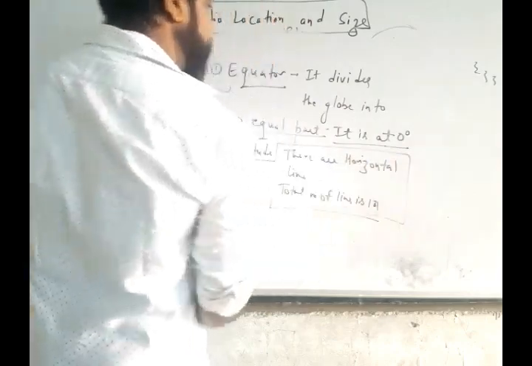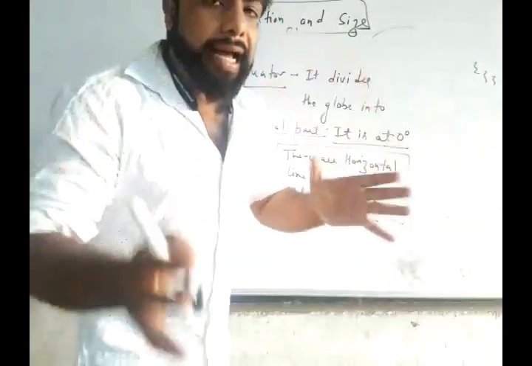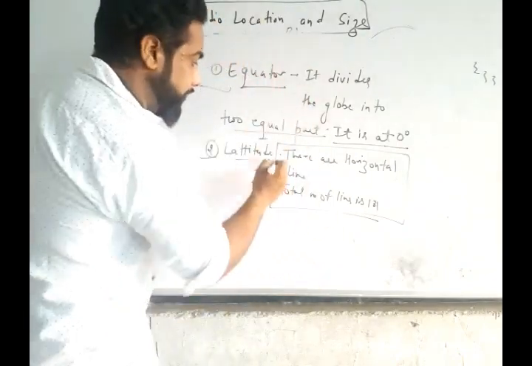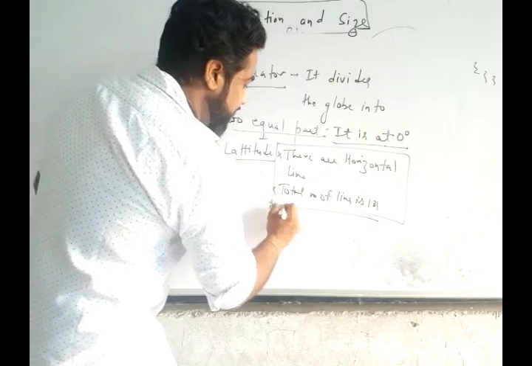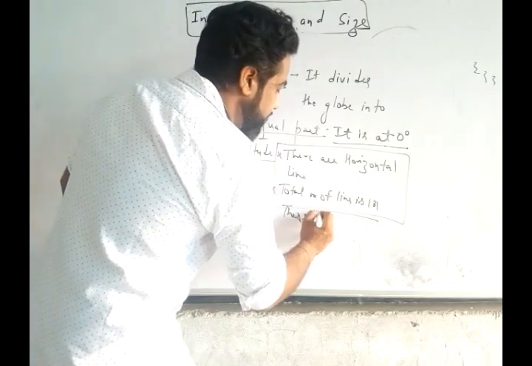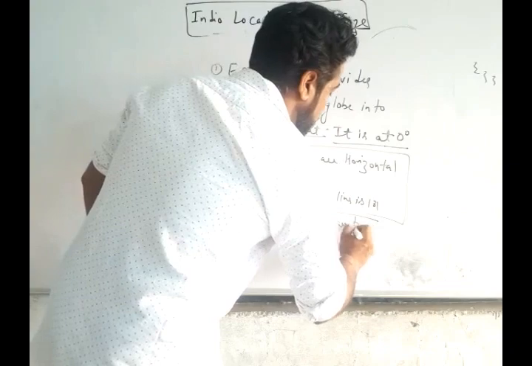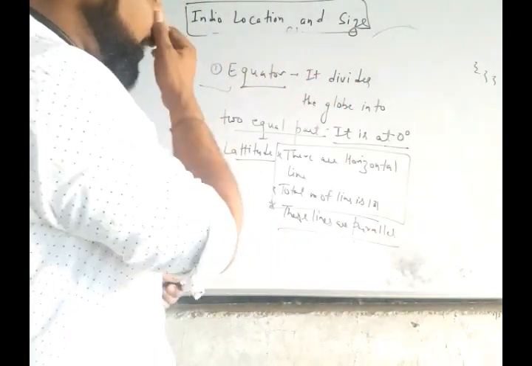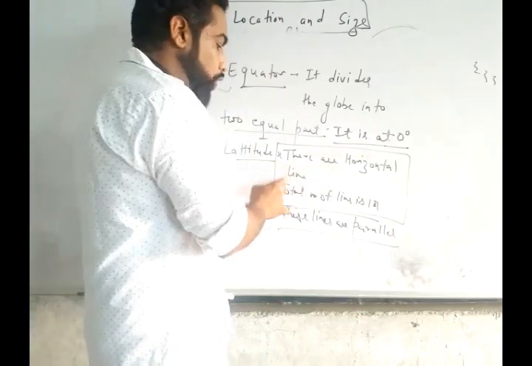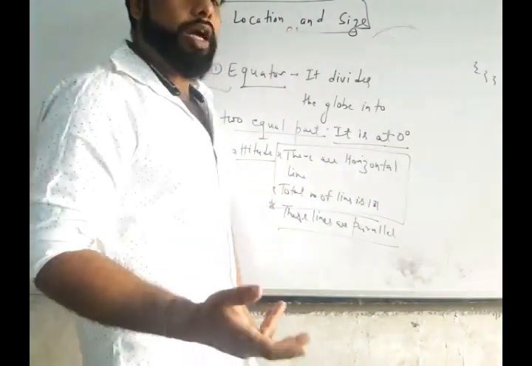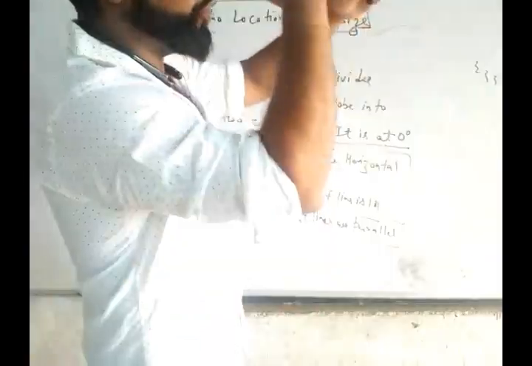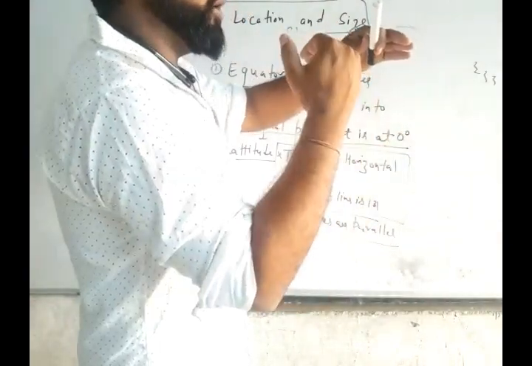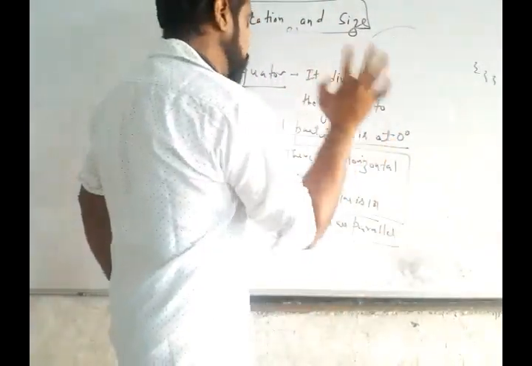This is very important. For the entire life, this is important that latitudes are the horizontal lines. Third thing, very important, these lines are parallel. So latitude, these are the horizontal lines. Total number of lines, how much? 181, because 90 latitudes in the northern part, 90 latitudes in the southern part, and one is the equator.